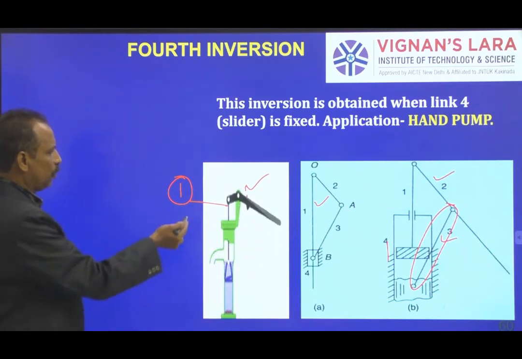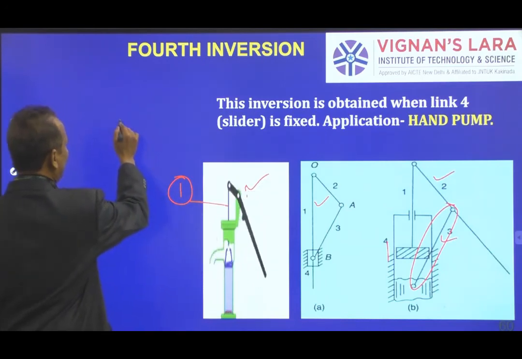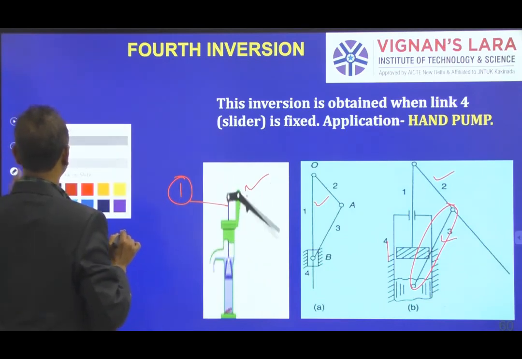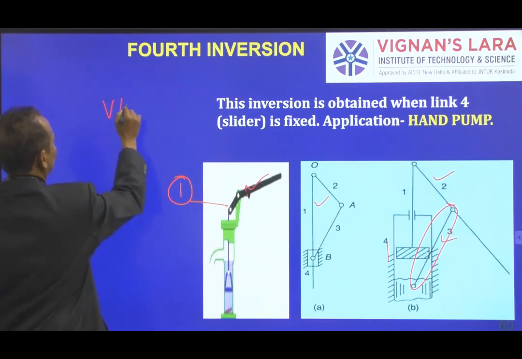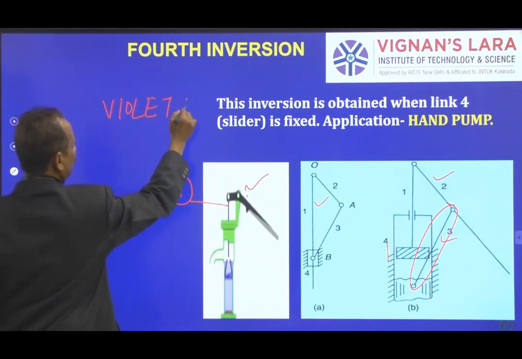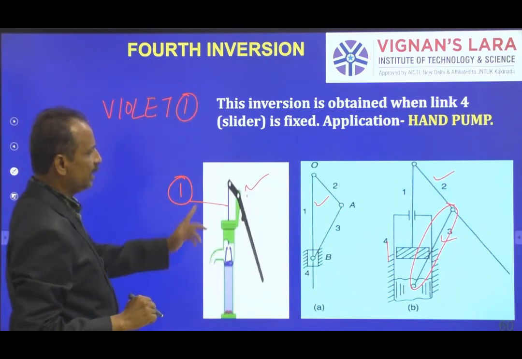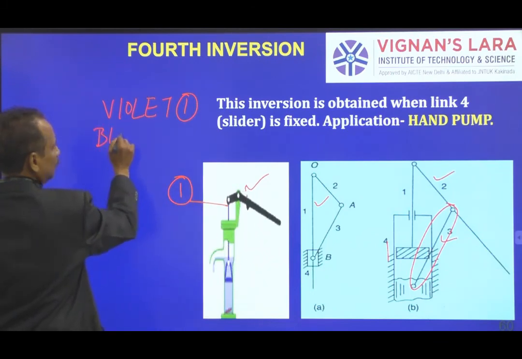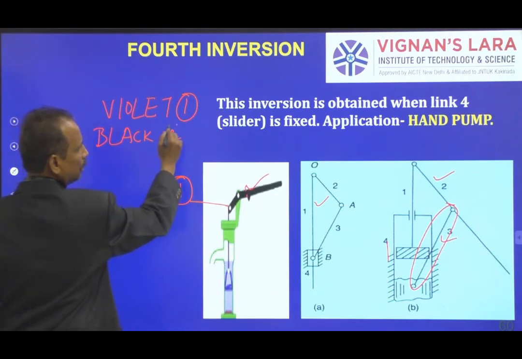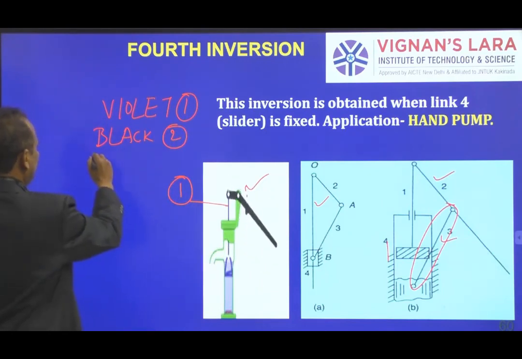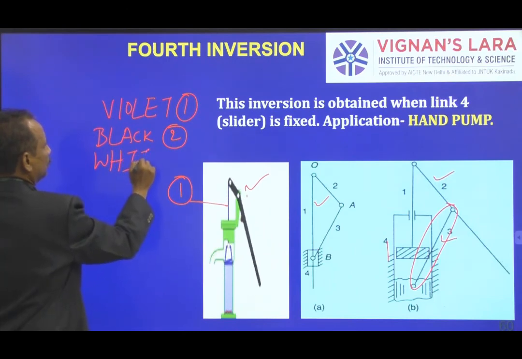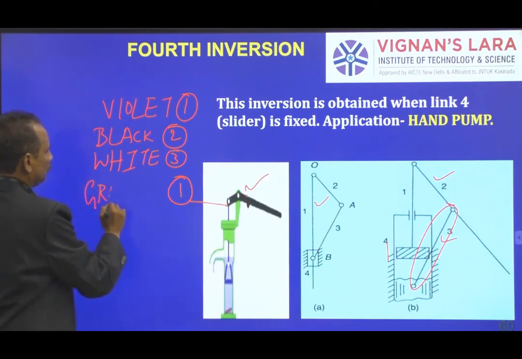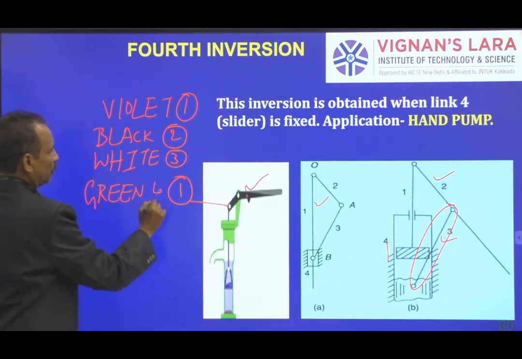You can observe four colors here. The violet color is link 1. Then the black is the second link, white is the third link, and green is the fourth link.